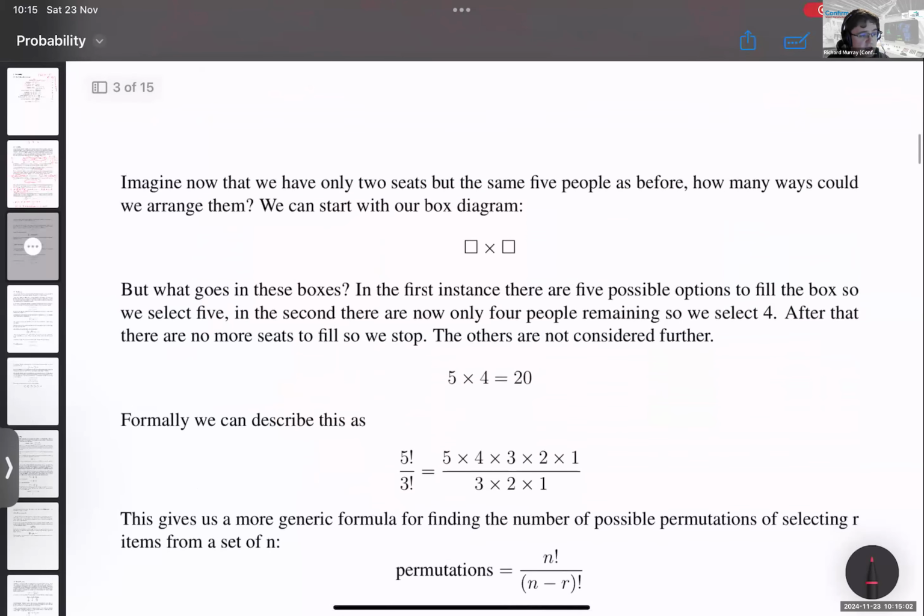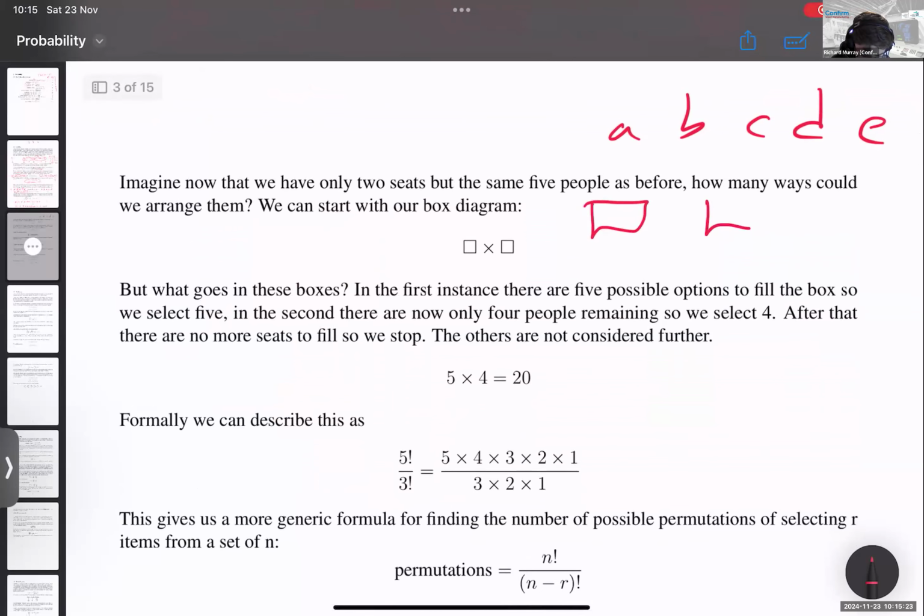If now we imagine a case that's a little bit more restricted, so we have our 5 people, as we did before, A, B, C, D, and E, and we're trying to figure out how many different ways that they could sit into 2 seats. We can do it the same way that we did with our box diagram before, so we have our 2 boxes. We see that when we've not removed anybody from our set, we have 5 options, so there's 5 ways we can select currently.